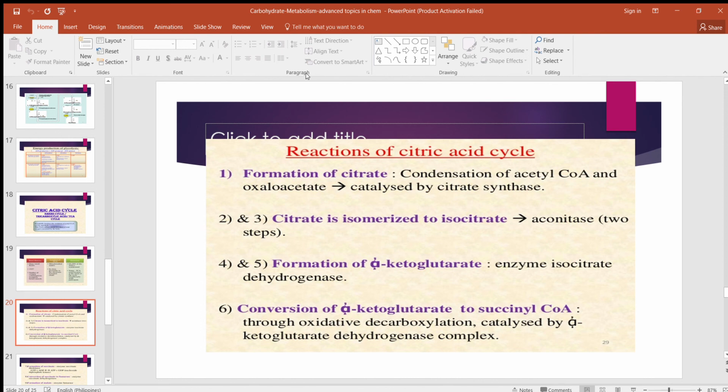So lahat ng nakikita nyo na may -ase are all enzymes. Enzymes are all biological catalysts. This is all needed by your system to convert your biomolecules into energy. Hindi tayo pwedeng mag-convert ng isang biomolecule without an enzyme. Enzymes are catalysts which are protein by nature.